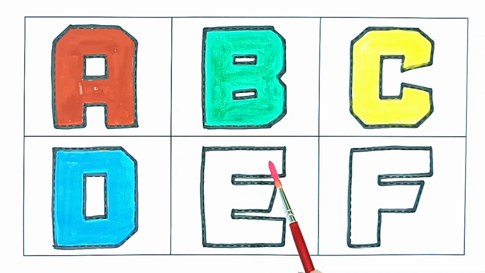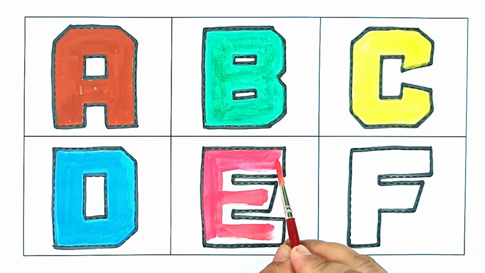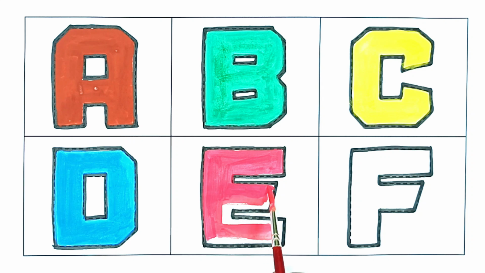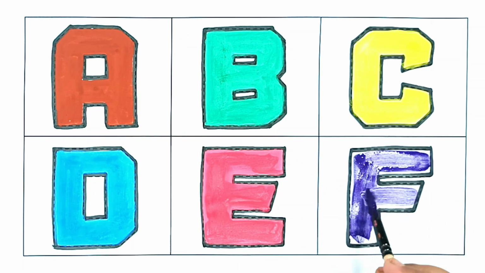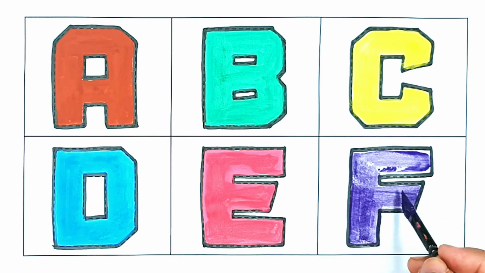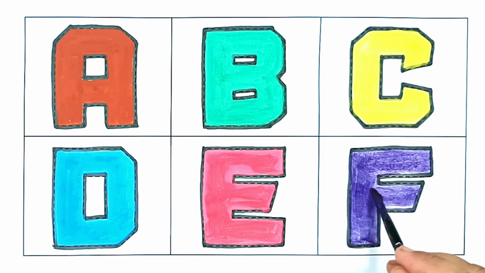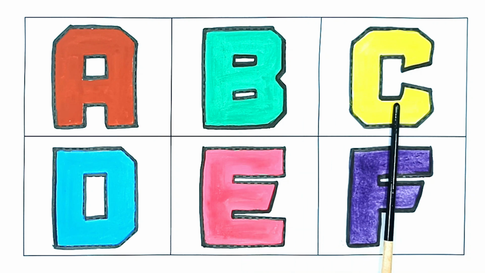D for doll. E for egg. E for egg. F for frog. F for frog. A, B, C, D, E, F.